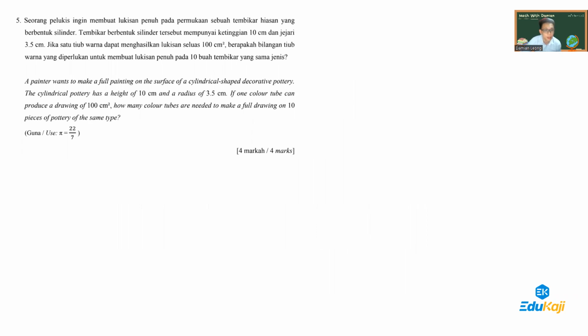Question 5. A painter wants to make a full painting on the surface of a cylindrical shaped decorative pottery. The cylindrical pottery has a height of 10 cm and radius 3.5 cm. If you need to, you can always sketch it out. So radius is 3.5 cm, height 10 cm.